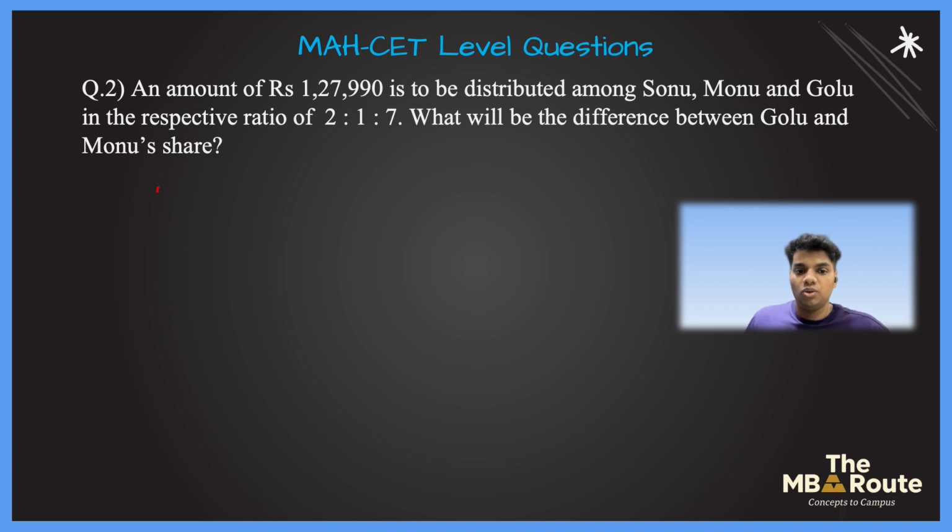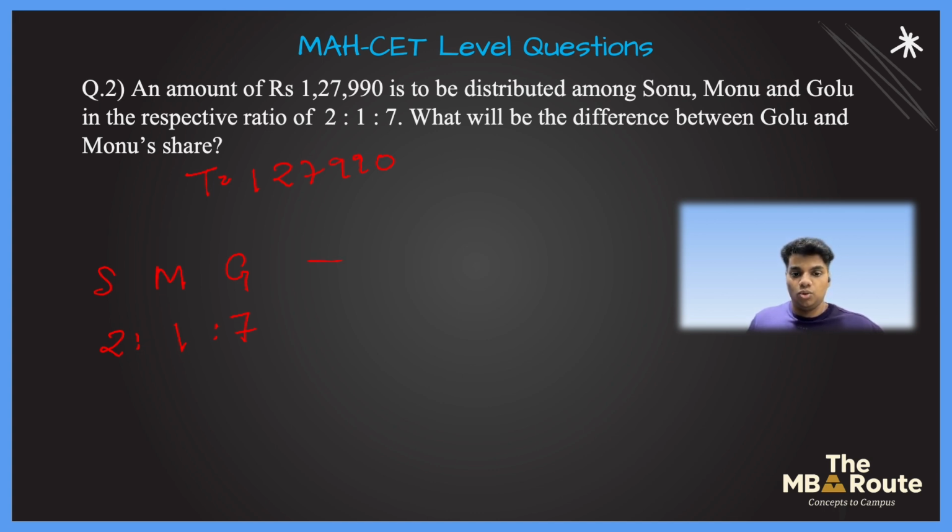So what will be the difference between Golu and Monu's shares? We know the total is 127,990. And the ratio of Sonu, Monu, Golu is 2 is to 1 is to 7, right? And obviously these are the reduced values, so let's take a common multiple k.